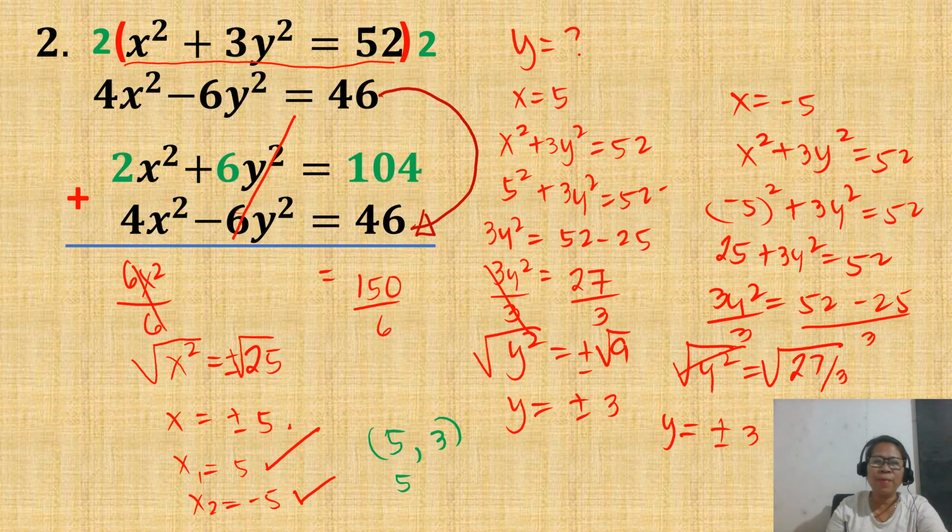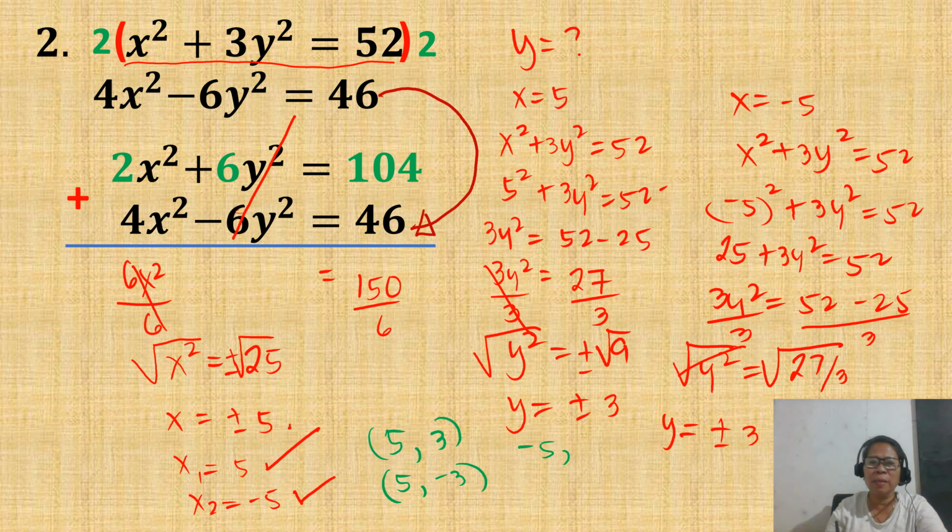If x is negative 5, the two values of y are positive 3 and negative 3. So therefore, these are the four solutions to the system using the elimination method.